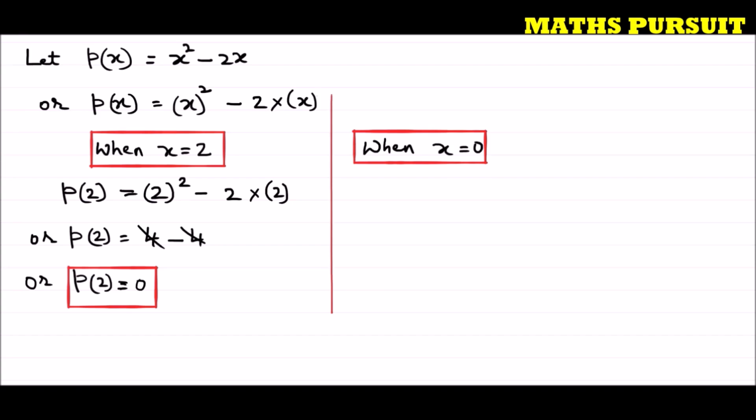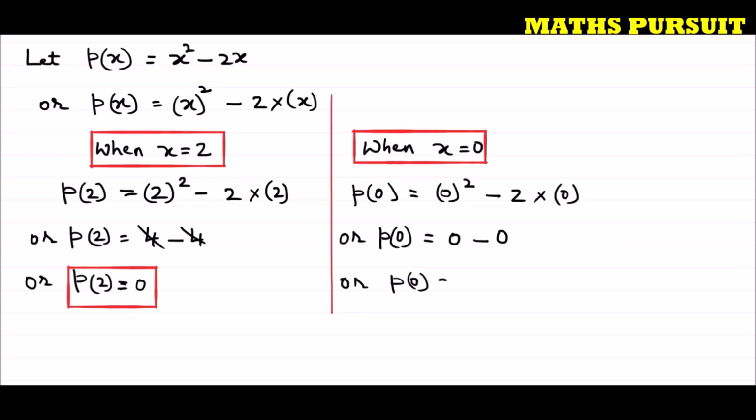That means I can write p(0) is equal to 0^2 minus 2 into 0, just replacing the value of x by 0. Or I can write p(0) is equal to 0^2 is 0 and 2 into 0 is 0. So we can write p(0) is equal to 0. So what we got here? We got here p(0) is equal to 0.